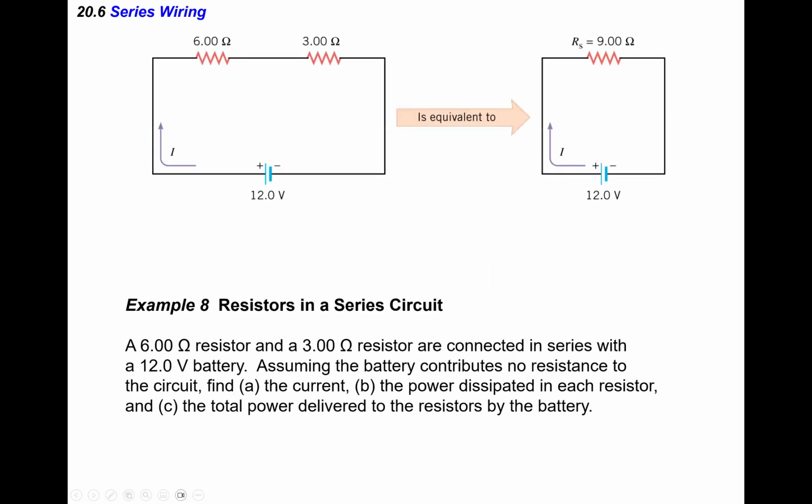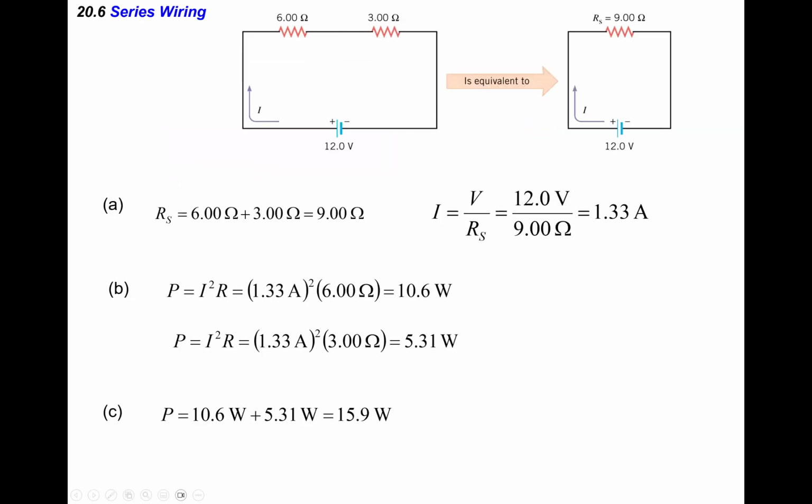And we have an example here. If you are connecting 12 volts to 6 ohm and 3 ohm, what you are going to get is 9 ohm. Okay, so very easy. And we have this example here. You can take a minute to try to do this, but it's just using 9 ohm, and you can use 12 divided by 9 to get the current, and you can use the current to calculate the power.